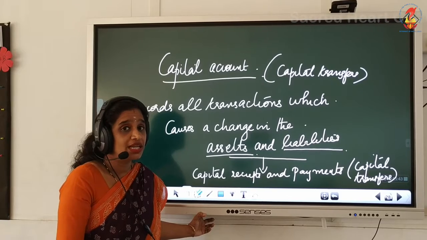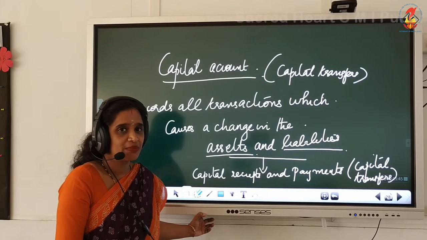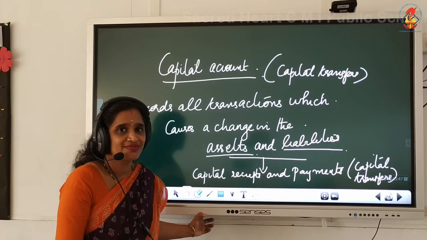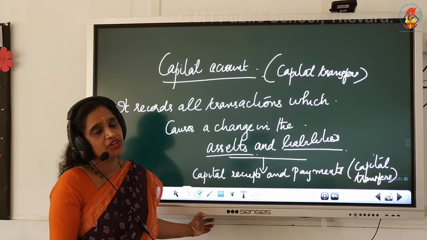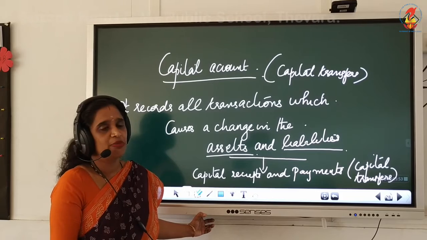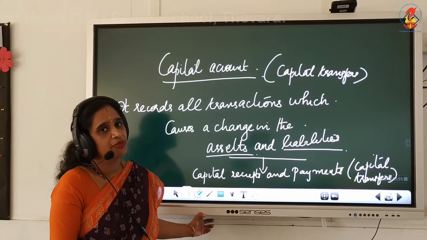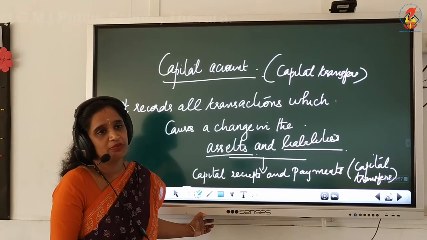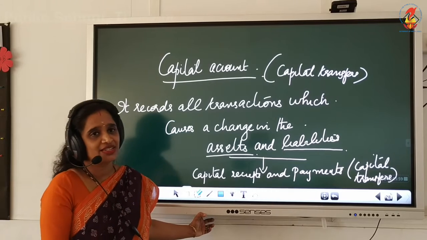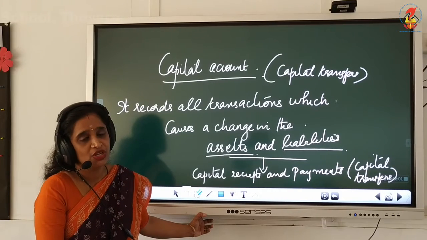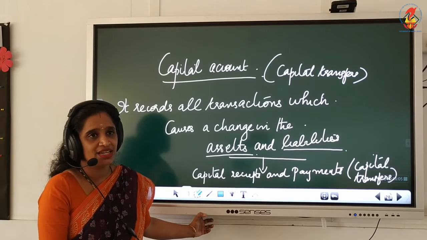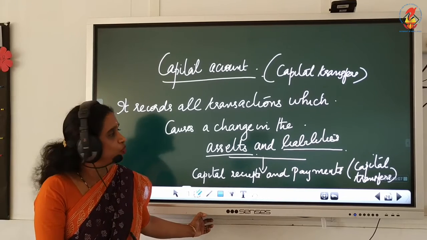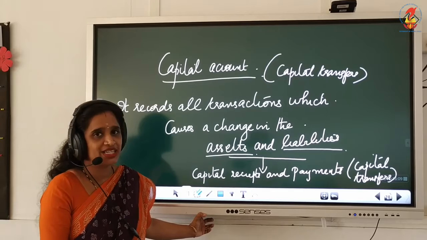If the government is selling the asset, government is receiving money. Repayment of loans. Borrowings and liability, it is a capital receipt because if government is borrowing money, it will be borrowed at a rate of interest. Government has to repay it in the future by paying the rate of interest. So it is a capital receipt. So all the items which cause a change in the assets and the liabilities will come under this capital account.